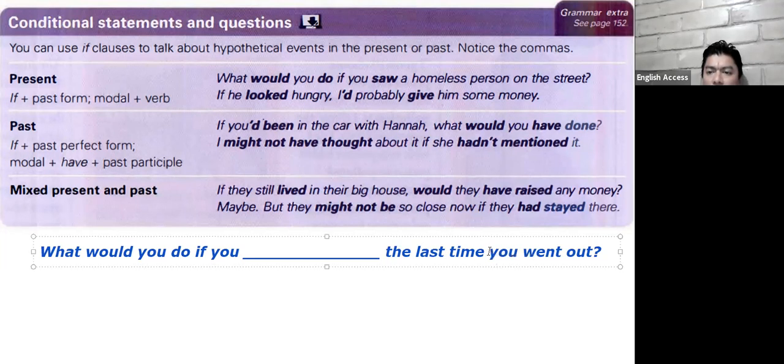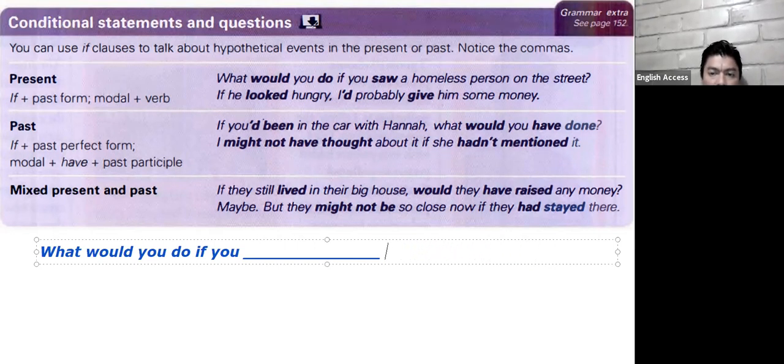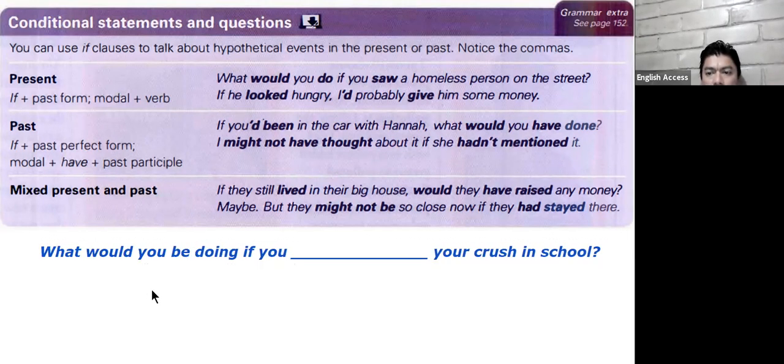I think it's way too open. Hold on, let me make it a little more concise. There.